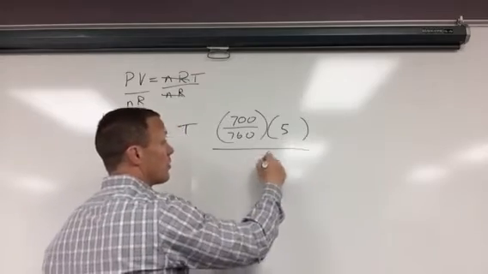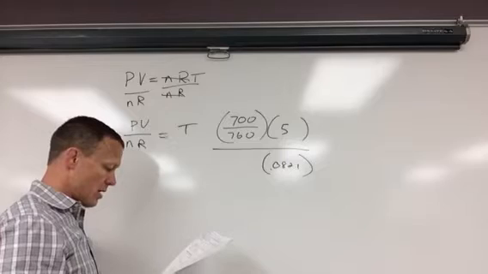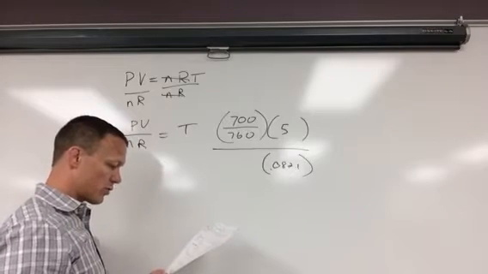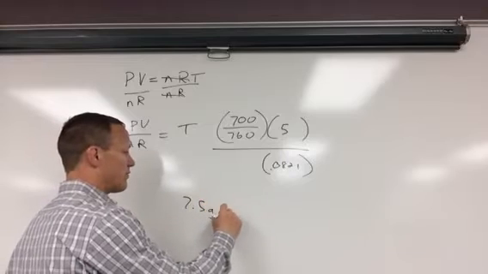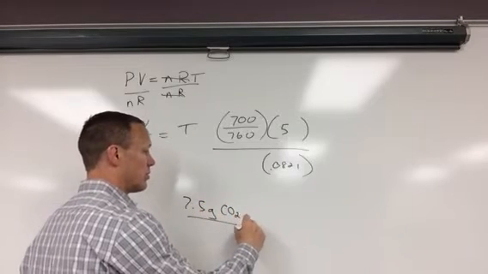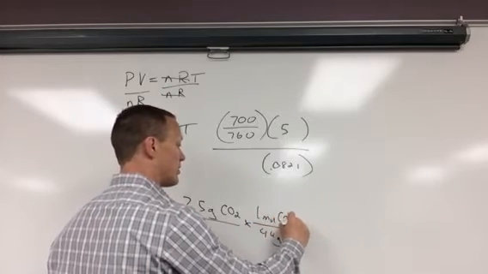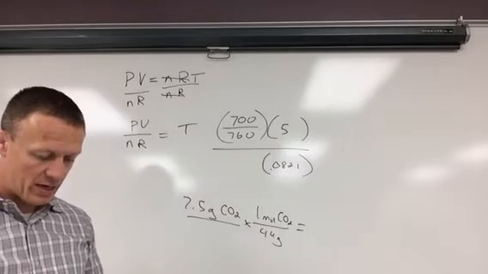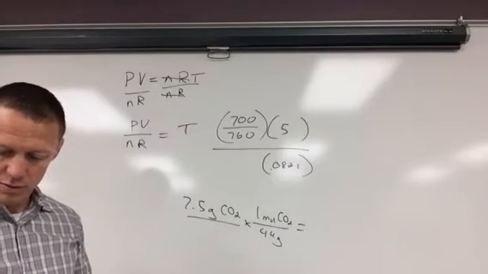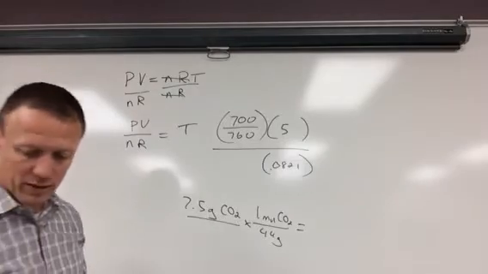So put our N in down here. I know my R is going to be 0.0821. And our number of moles, well, we have 7.5 grams of CO2. So 44 grams is a mole of CO2. I take 7.5 divided by 44, which is 0.170.